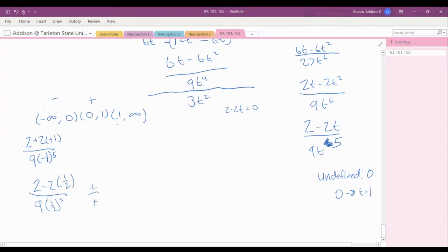And then if we plug in 2, we get 2 minus 2 times 2 over 9 times 2 to the fifth. And then therefore we get a negative over a positive, so therefore a negative. Therefore we are concave up from 0 to 1.